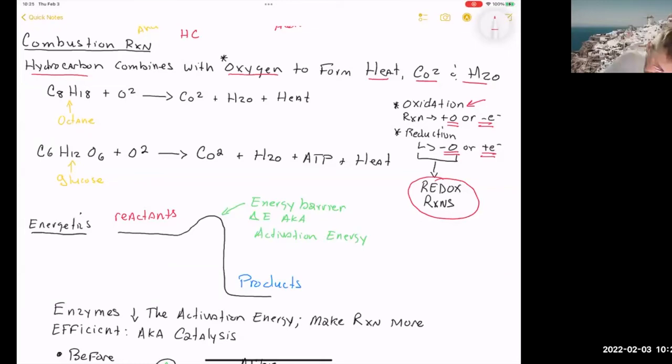A common example would be octane, a common ingredient in gasoline. That's C8H18. When octane is oxidized, so these are the reactants here, that forms carbon dioxide, water, and heat.